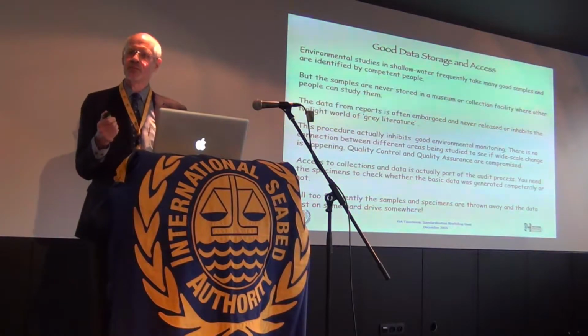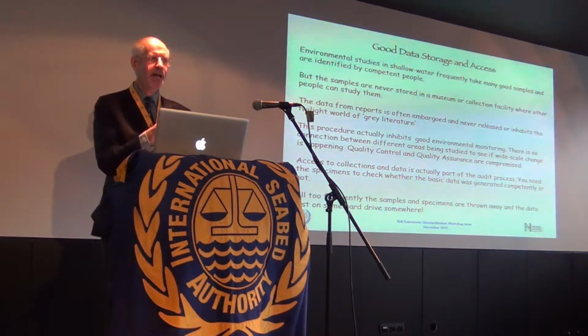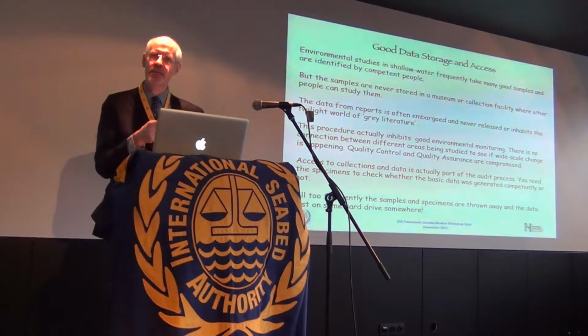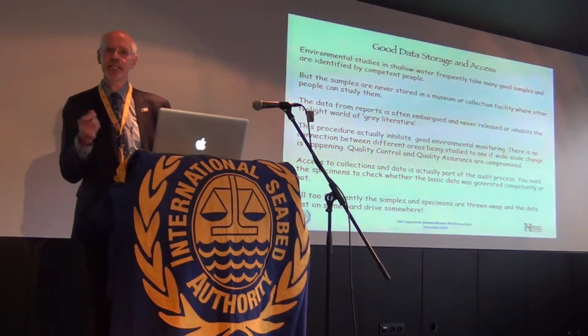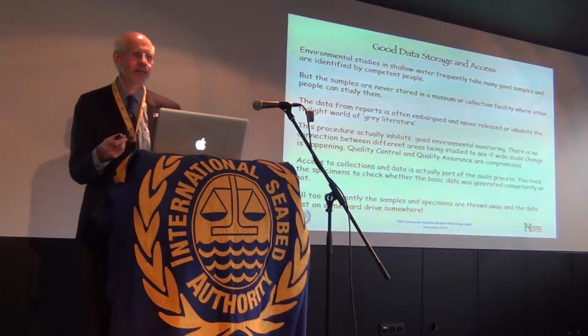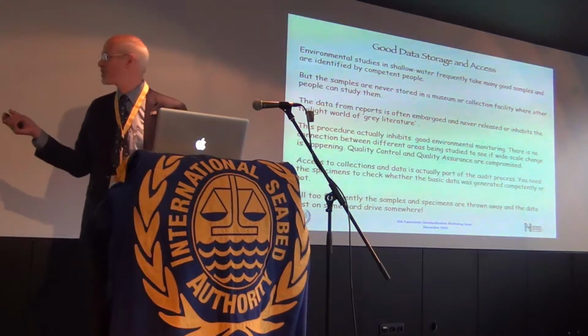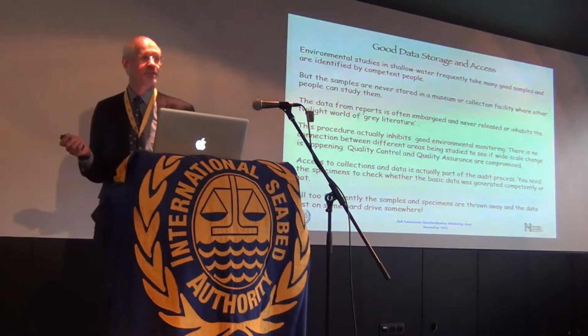That means that you're not going to be able to detect and tell apart an impact from, in this case, oil and gas, with something that might be happening in the environment generally. In an area like the CCFZ, our ability to tell the difference between a big El Nino productivity event and, say, a mining event might be very difficult to tell, unless we have coherent, joined-up thinking between everybody involved.